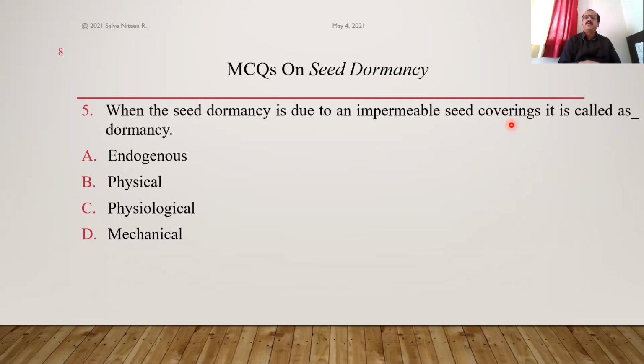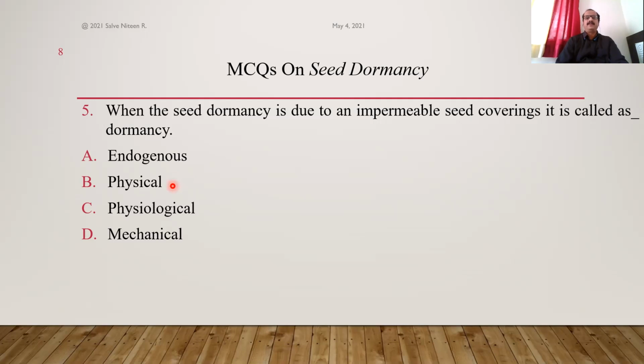That fruit covering, the entire fruit, which is called the pericarp, made up of epicarp, mesocarp and endocarp, everything is included in the seed coverings. So if structures like the seed coat or pericarp are impermeable to the entry of water for imbibition or oxygen for respiration of these seeds, then the condition is called physical dormancy.